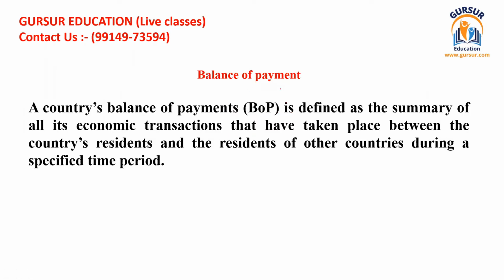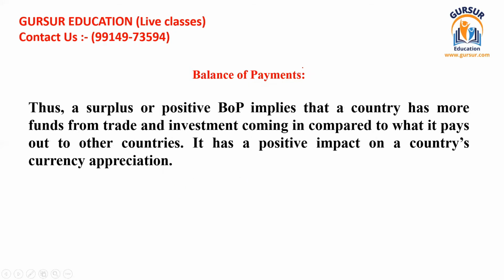The country's balance of payment is defined as the summary of all its economic transactions that have taken place between its residents and residents of other countries, because you have imported, you have exported. All these transactions shall go to a separate account made by the government, and that is known as balance of payment. Okay, so this is balance of payment.